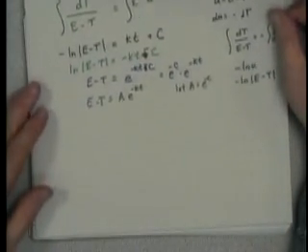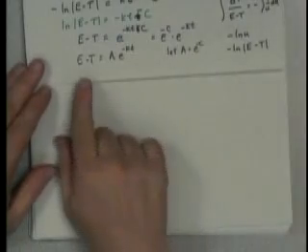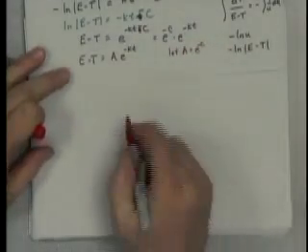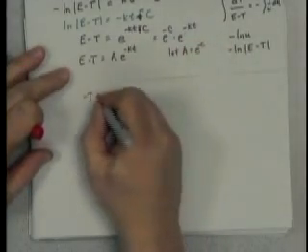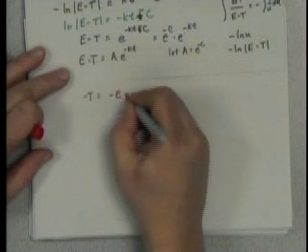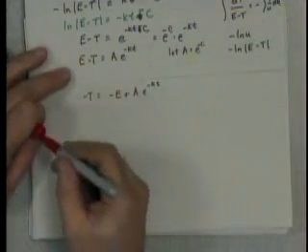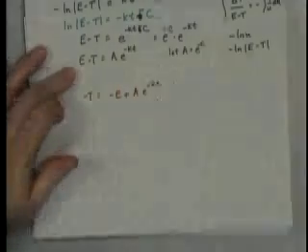I still haven't gotten to capital T yet, though. Some algebra here. If I subtract E to the other side, negative T equals negative E plus a e to the minus kt. And then I can change all the signs, multiply through by negative 1.